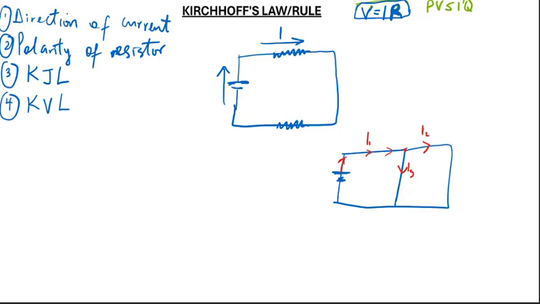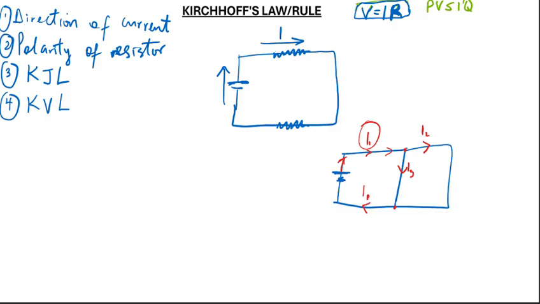As I2 is moving along this wire, it gets to this junction. I3 also is moving, it gets to this junction. As they get to this junction, they sum up again to I1, because the total current that leaves must be the total current that enters again. So they sum up again to this I1.